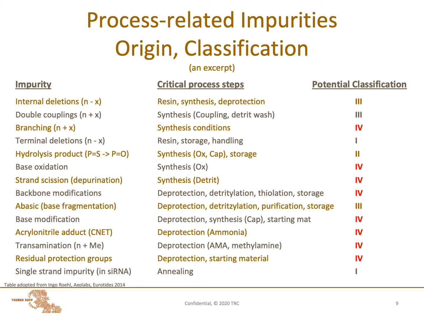This is just an excerpt of potential impurities and the process steps that these are related to. But as you can see, all impurities can be directly related to process steps or to starting materials. And with a crude analysis of the oligonucleotide after the synthesis, after deprotection, you can directly identify critical process steps and go back and optimize these.